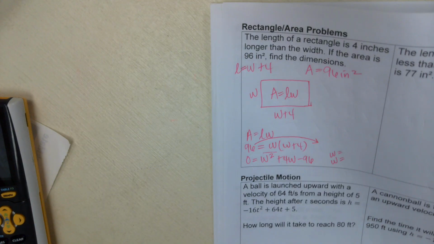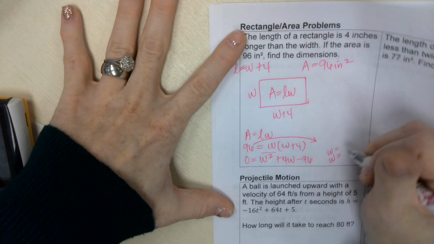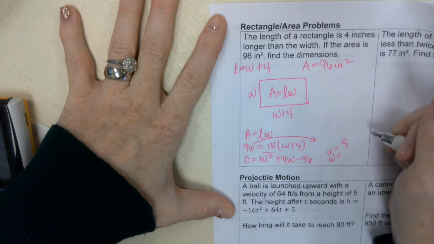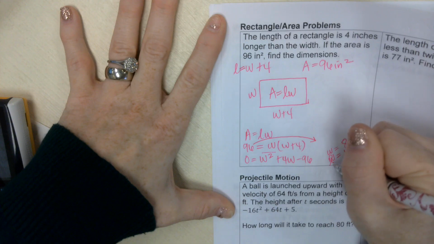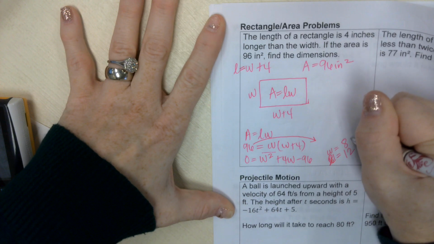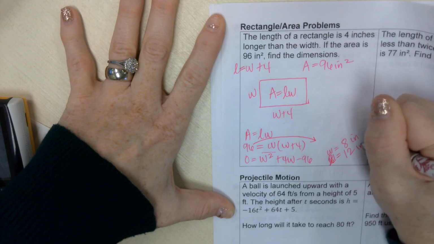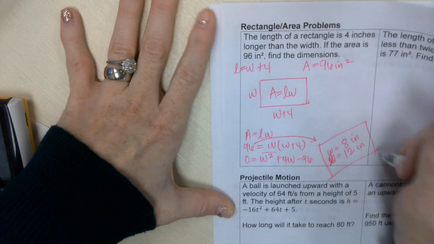X. So I'm going to do x squared plus 4x minus 96. I only want the positive one. So I'm going to get 8 and what? 12. So the width is 8 inches. And the length is 12 inches.